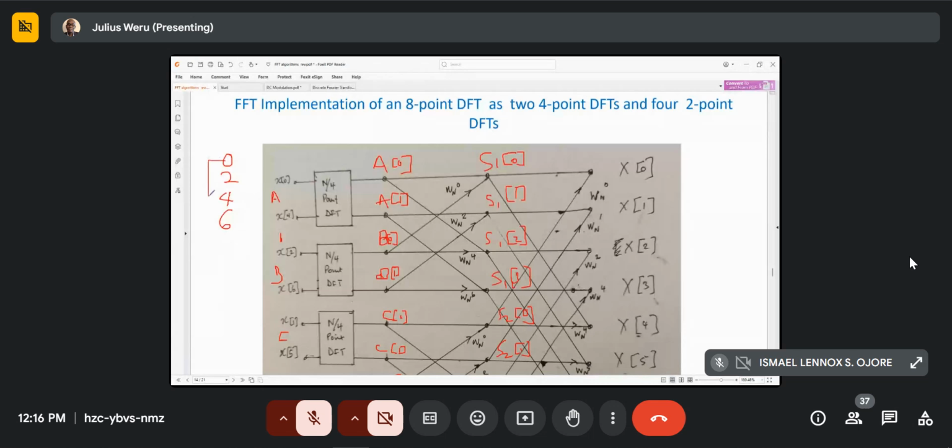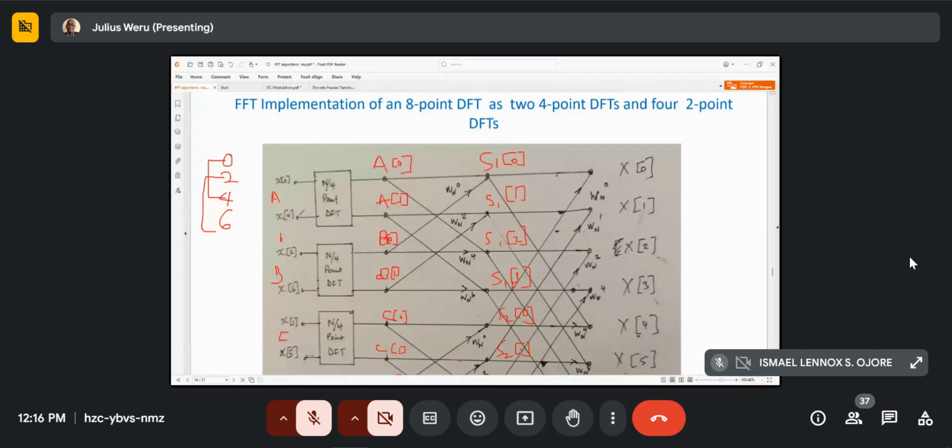Because now they are all even, but if you consider this to be 0, 1, 2, 3, you are picking the even and the odd. Is that okay?